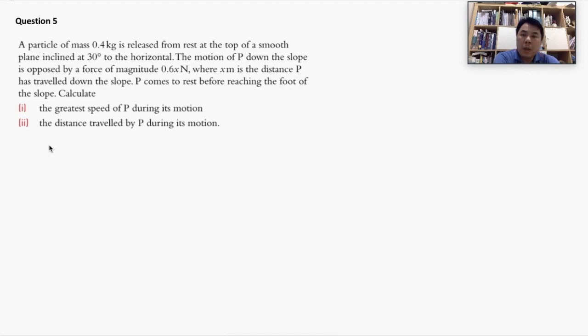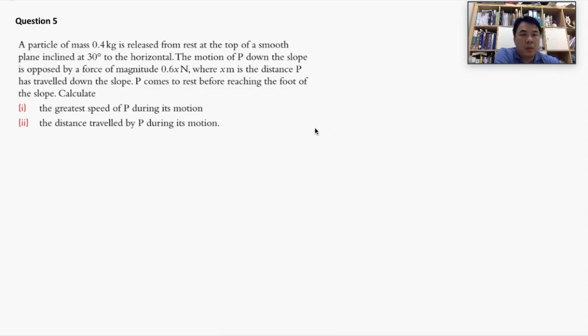Now the motion of P down the slope is opposed by a force of magnitude 0.6x, where x is the distance P has traveled down the slope. P comes to rest before reaching the foot of the slope. Therefore, we need to calculate the greatest speed of P during its motion.